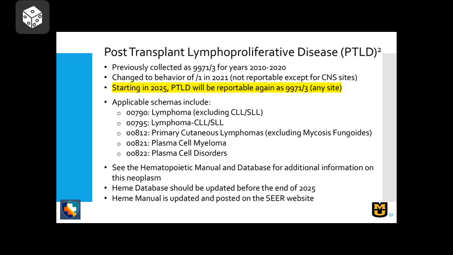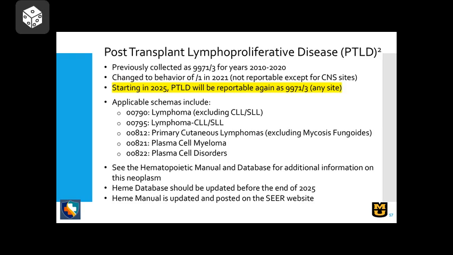The applicable schemas include 790 lymphoma, excluding CLL/SLL, 795 lymphoma, CLL/SLL, 812 primary cutaneous lymphomas, excluding mycosis fungoides, 821 plasma cell myeloma, and 822 plasma cell disorders.